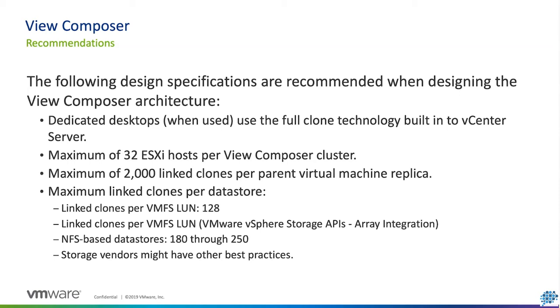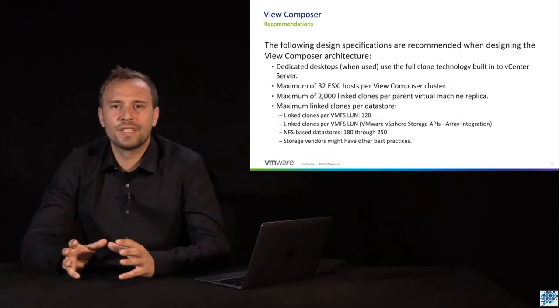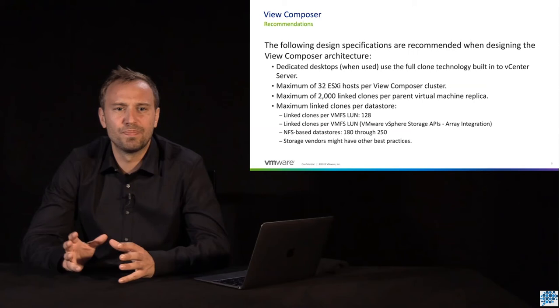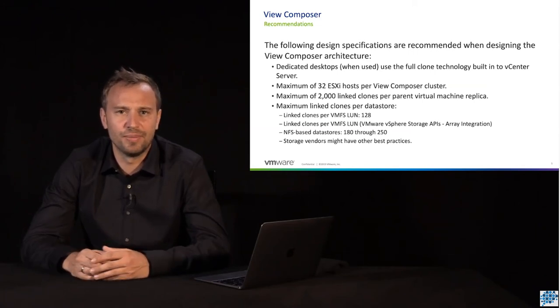If we have linked clones on a VMFS data store, we only support up to 128. If we have linked clones on an NFS-based data store, we support up to 180 to 250. We should typically always ask the underlying storage vendor for any recommendation based on the linked clones that we use in our environment.